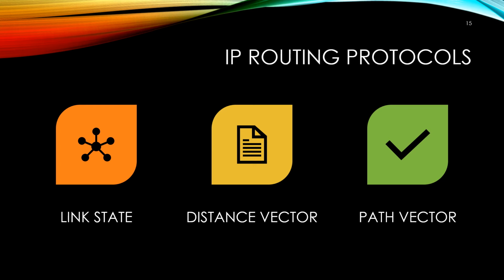Routers running distance vector protocols advertise the vector, the distance metric usually, for each destination reachable within the network to adjacent peers.